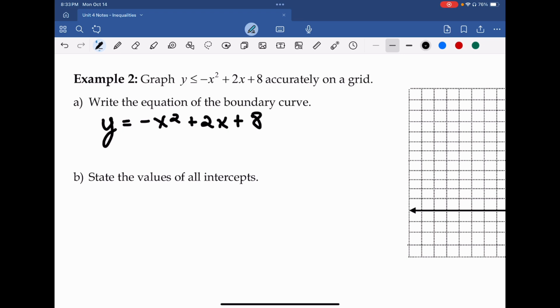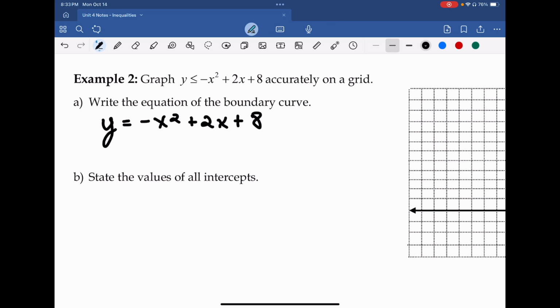We're just going to write it as an equals so that when we go to our calculator and go into our graph menu, we just type in all the stuff on the right-hand side here. Okay, now this is the equation that represents the boundary curve, because on this line, strictly the line that represents the quadratic, this is the boundary.